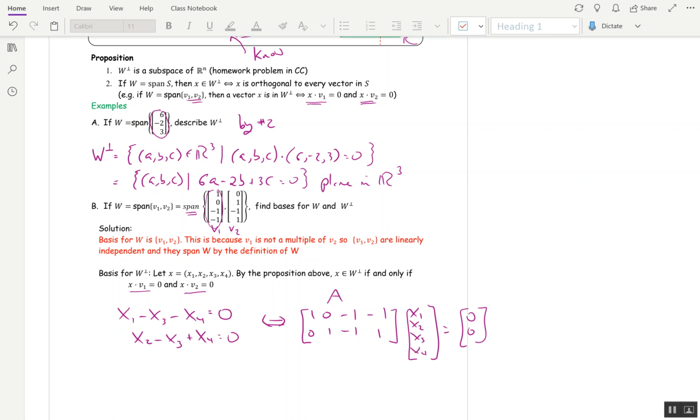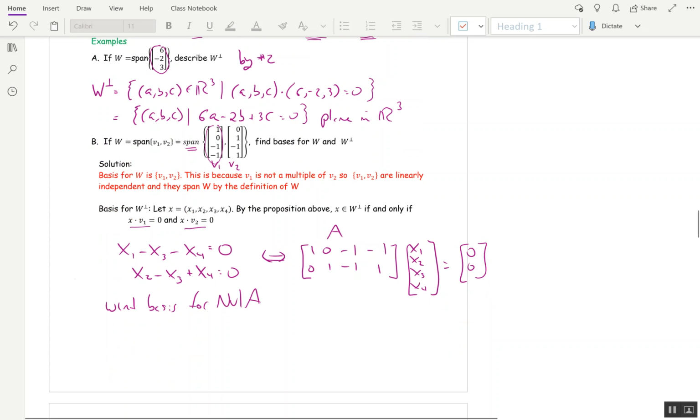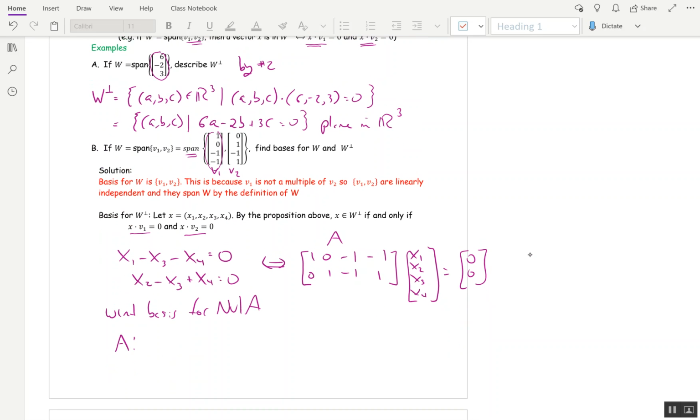And so what we want is a basis for null A, because we're solving Ax equals 0, we want all the solutions. So what we do is take A, augmented with 0, and we reduce it. But we'll see it's already reduced. So (1, 0, -1, -1), (0, 1, -1, 1), augmented with 0, 0. It's already in reduced echelon form, so we can just go ahead and write down what the solution is.